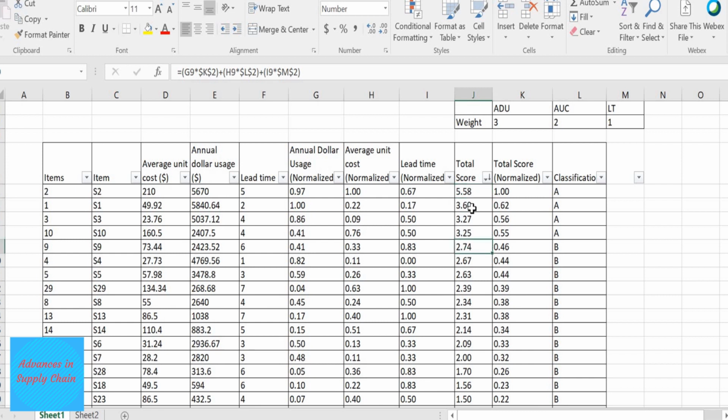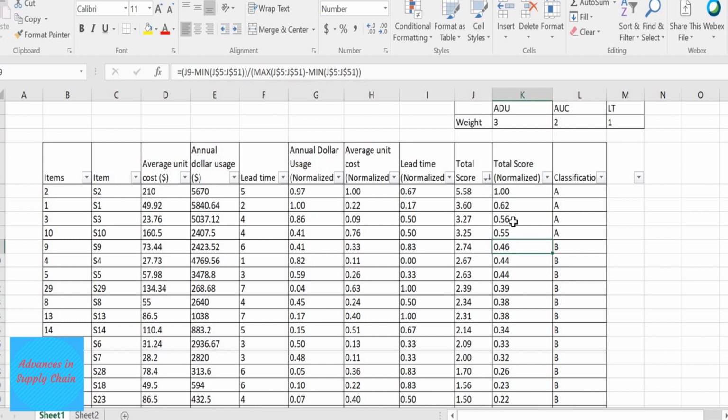In my case, item 2 has the highest score, then item 1, then item 3, and item 4. I also converted the total score into a scale of 0 to 1. In other words, I normalized the total score of each inventory item.